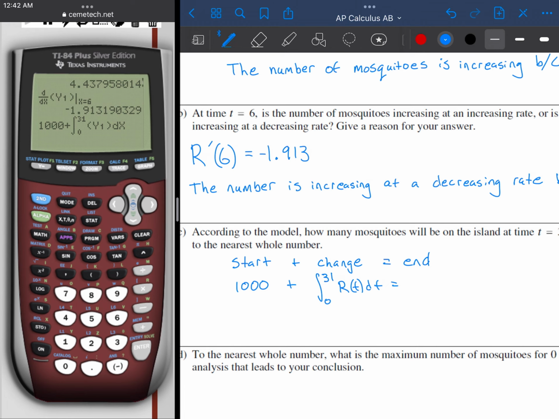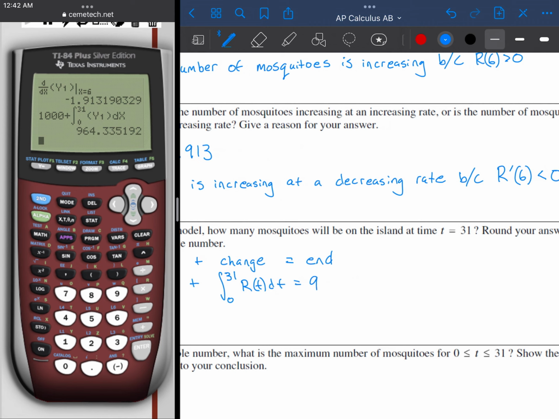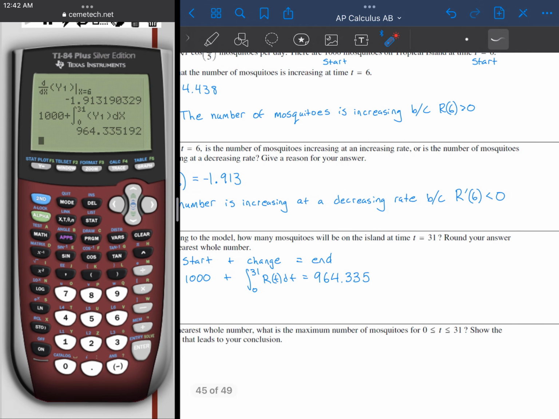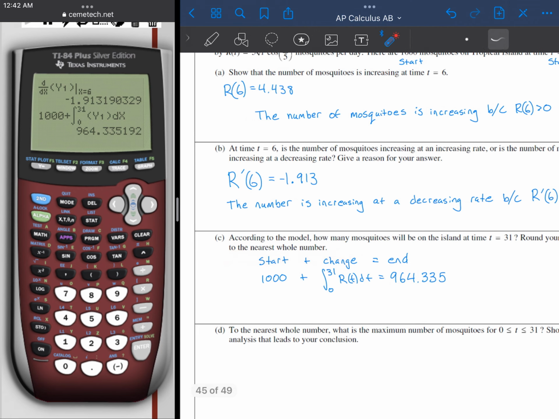964.335. I just have one of those feelings like I should really reread the question. According to the model, how many mosquitoes? Got it. Second part of the question: round your answer to the nearest whole number.